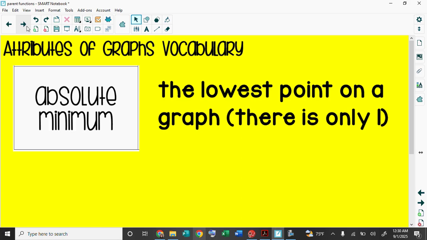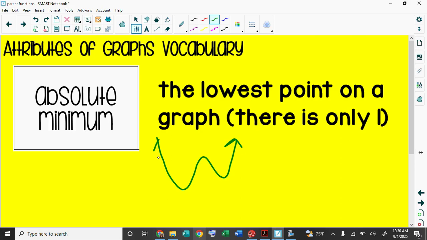Absolute minimum. Absolute minimum is the lowest point on a graph. There's only one. So whenever I have a graph, this is what the graphs will look like. Could look like this. So my absolute minimum is the spot that's the lowest spot ever.